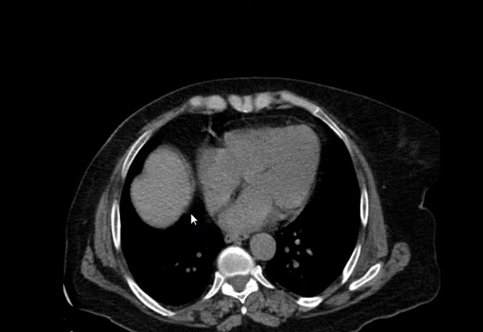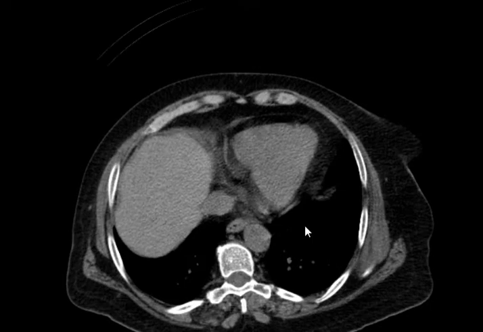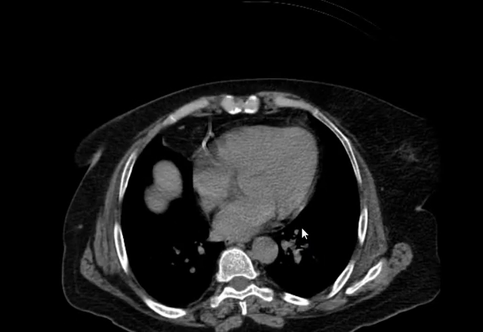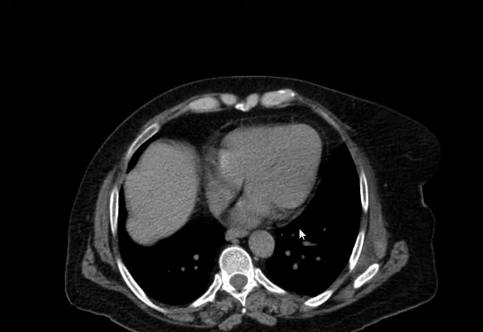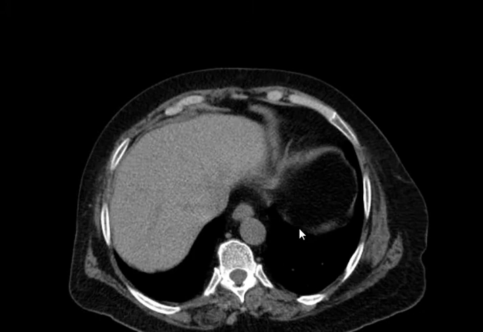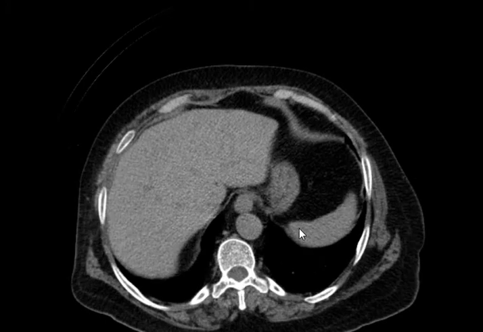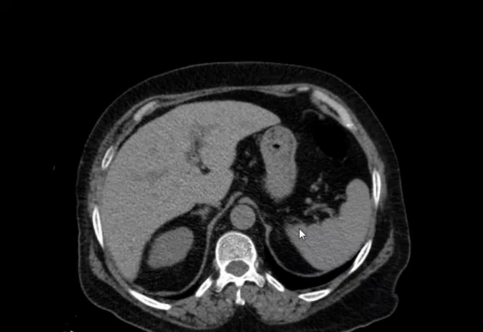This is the native scan, CT of the upper abdomen, axial view.